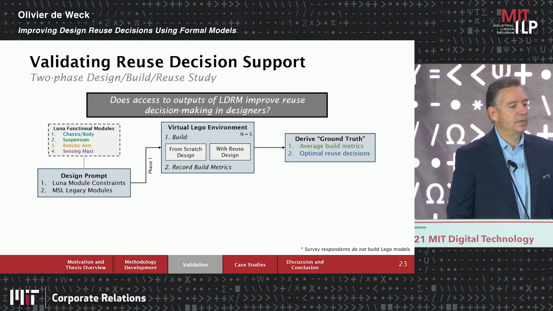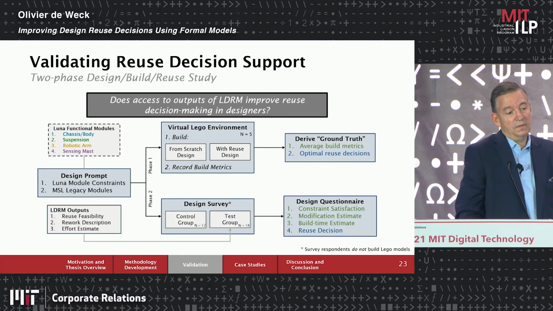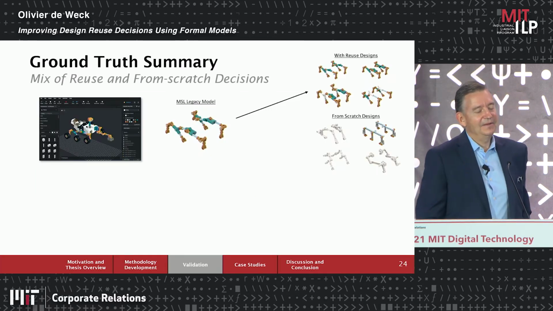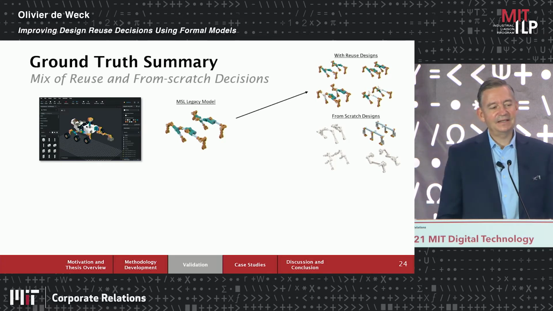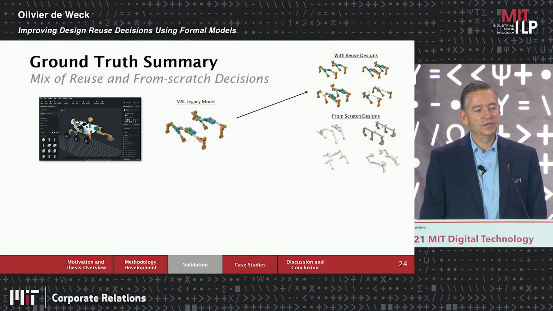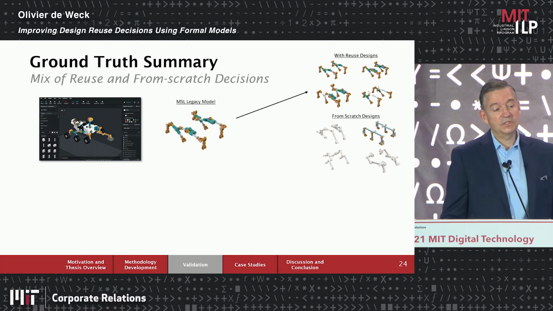Like I said, we went through this step-by-step validation of this reuse decision support process, and we found it to be quite convincing. I'm not going to go through all the details here, but I did mention the Lego environment. What's also interesting is beside the physical Legos, there's actually this thing, if you look in the upper left, called Lego Brick Studio, which is a digital design environment that is quite interesting.